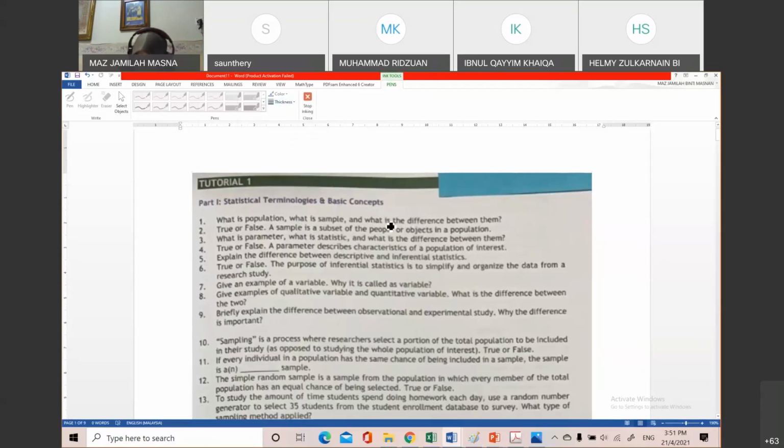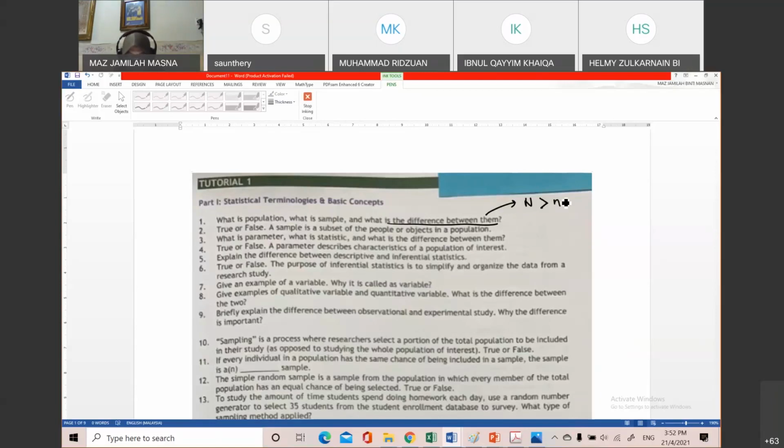The difference can be in terms of size. Population is greater than sample, right? So that would be one of the differences between population and sample, the obvious one. Let us stop there, in terms of size of population and sample.